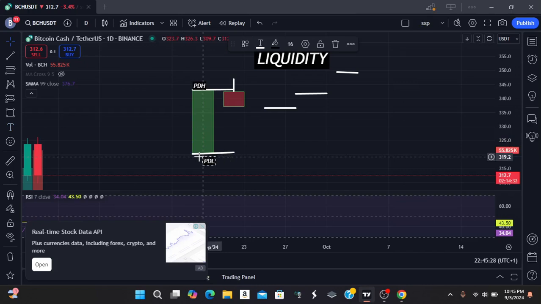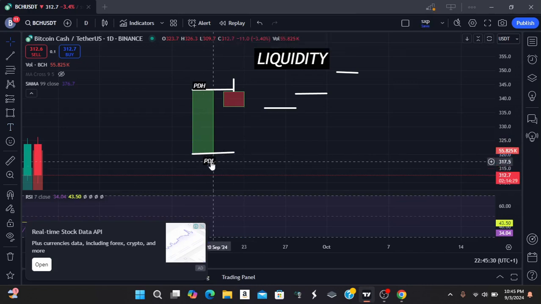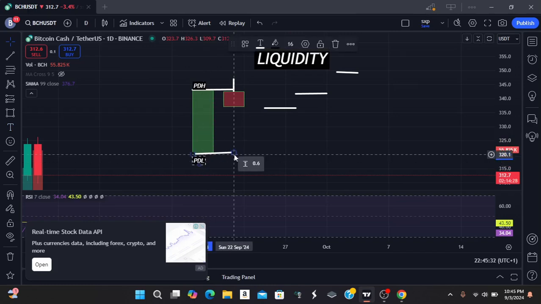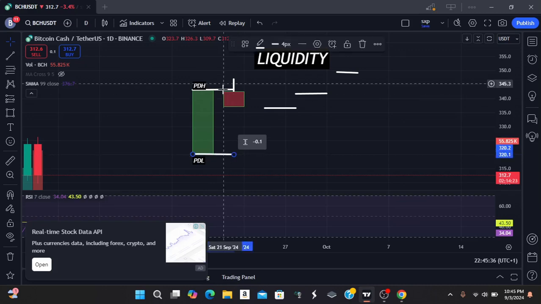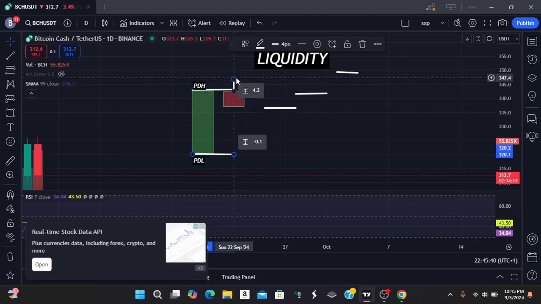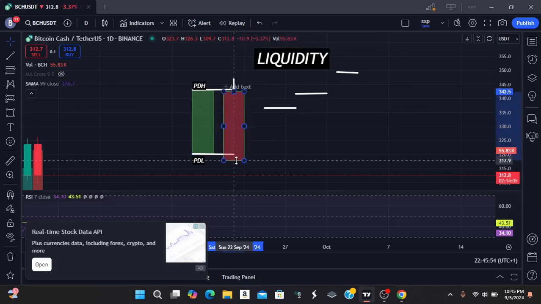All right, so meaning previous day low, you can just put that in your notes. So what we have here is that instead of the market continuing to trend higher, the market swept the liquidity of the previous day high, but the candle did not close above this previous day high. So once the market is engineered this way, the market begins to target liquidity at the previous day low.